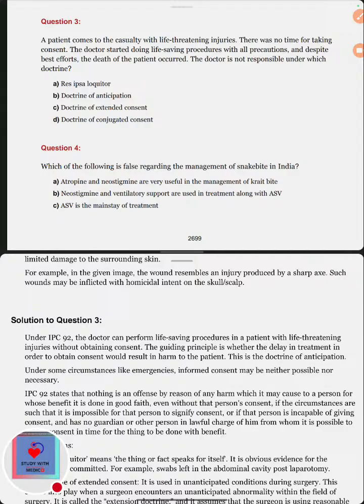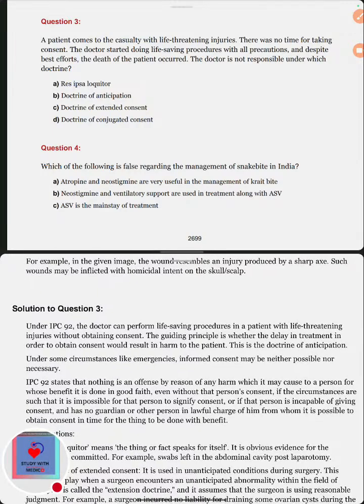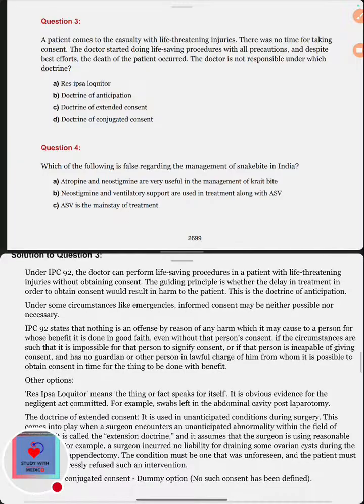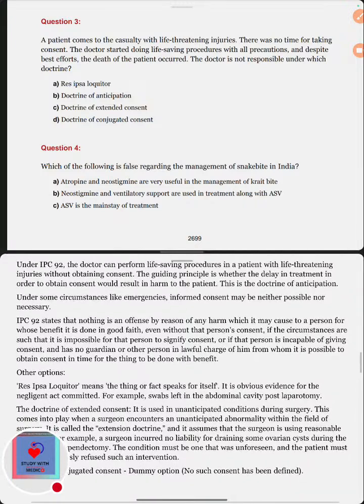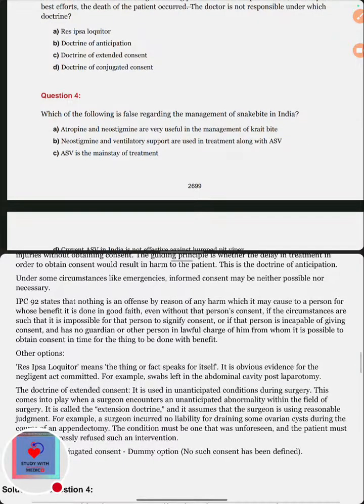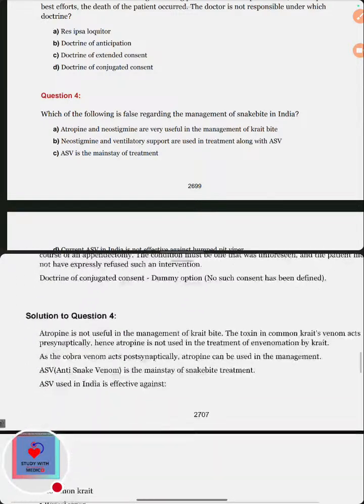Under IPC 92, the doctor can perform life-saving procedures in a patient with life-threatening injuries without obtaining consent. The guiding principle is that delaying treatment in order to obtain consent will result in harm to the patient. This is the doctrine of anticipation. In a physical emergency, consent is neither possible nor necessary.